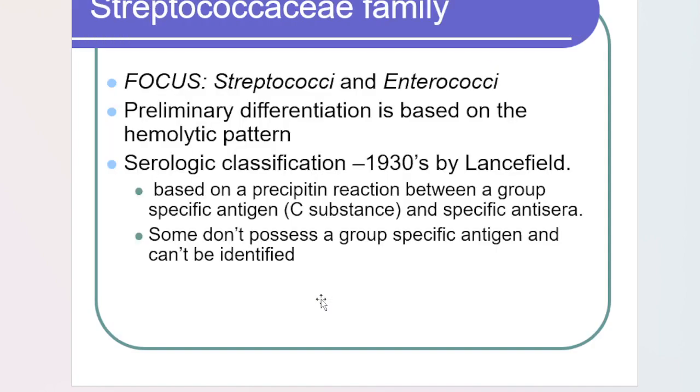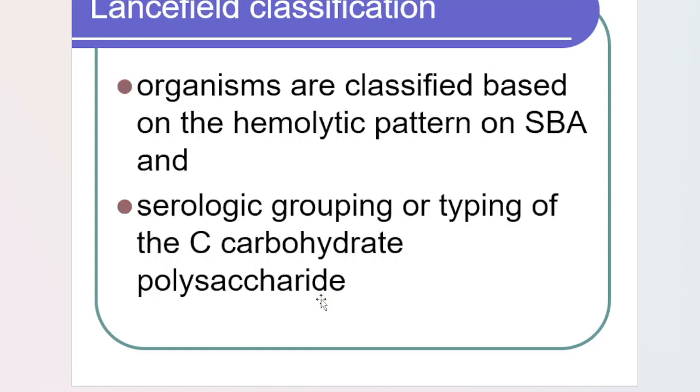Some don't possess a group-specific antigen and cannot be identified under Lancefield grouping. Examples are Streptococcus pneumoniae and the viridans group. They do not have the group-specific antigen, the C substance, in their cell wall.